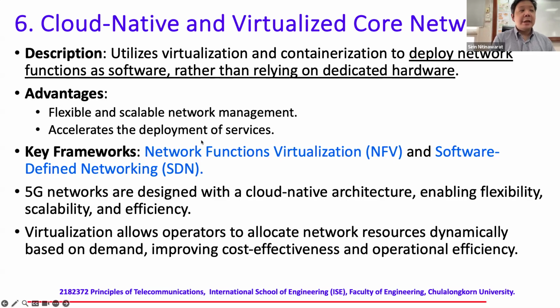So as you can imagine, software is more flexible, right? And easier to deploy. Okay. So those are the primary benefits of making the core network virtualized and cloud native, right?